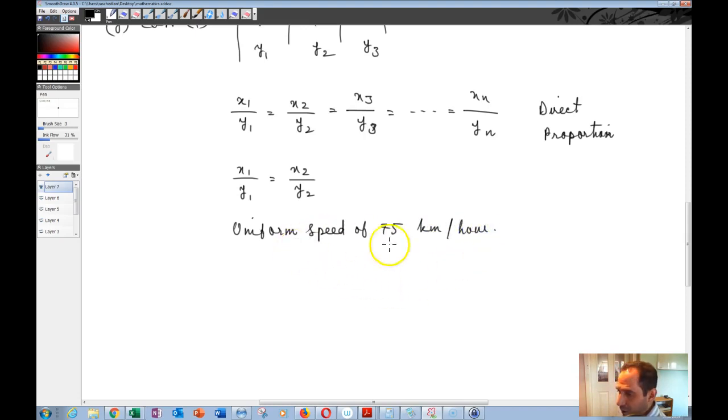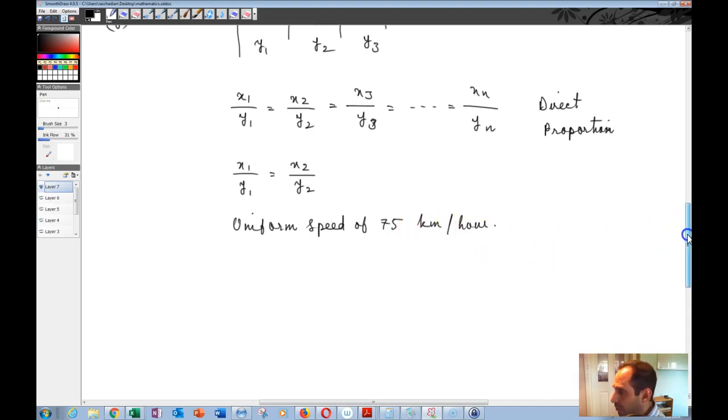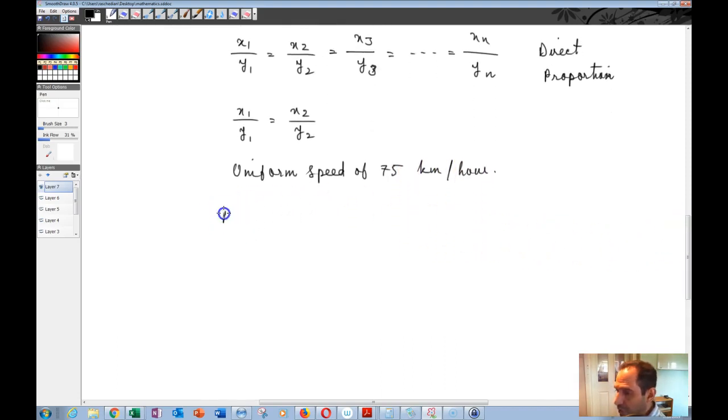Okay, so if that's the case, then your distance traveled is going to be, if I tabulate the distance traveled versus, for example, time elapsed.